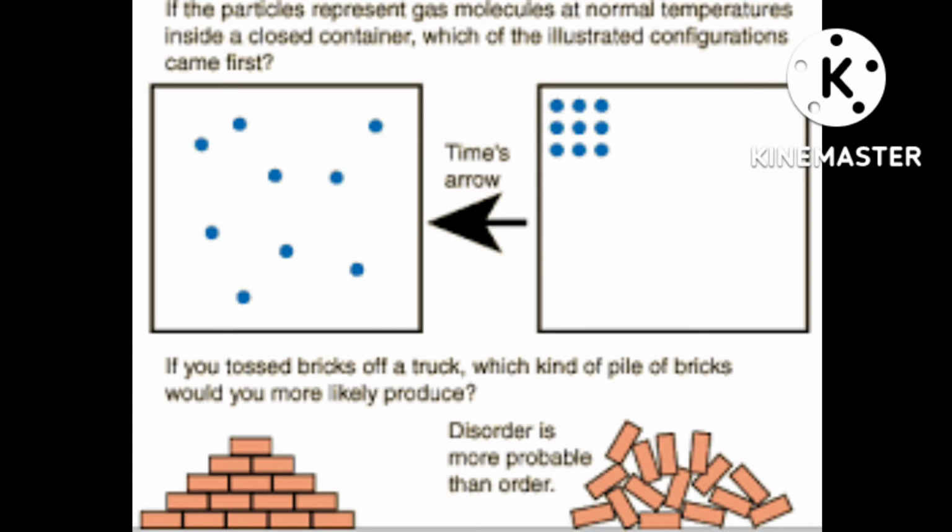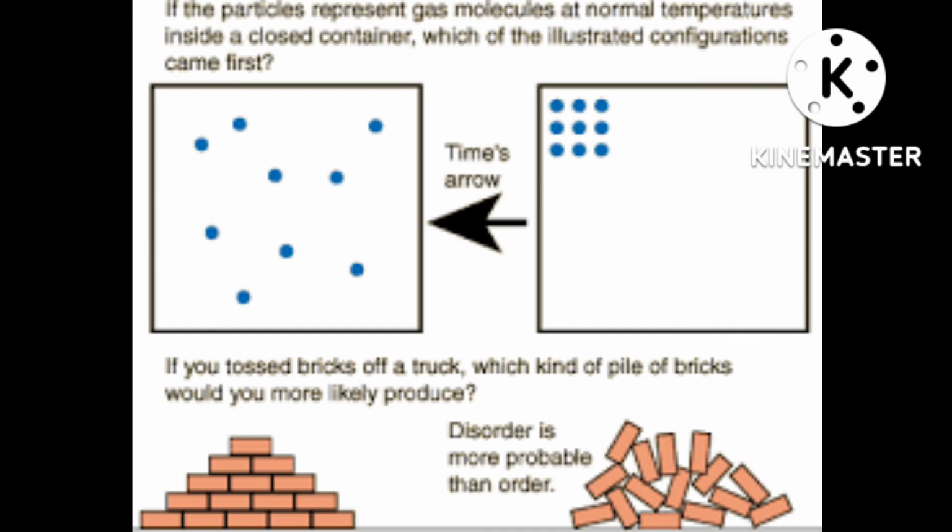Now we can understand that gas A and gas B, which were separate, have mixed after removing the partition. Means now they became disordered. The molecules of gas A and the molecules of gas B became disordered. Understood?